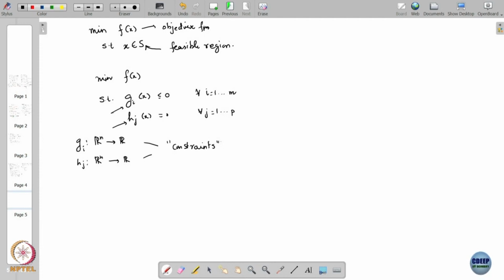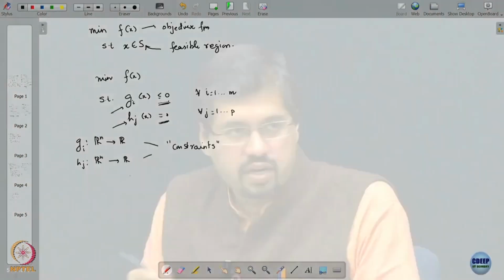Now you can see that I have classified the constraints, written them in a certain specific way, and put them into these two categories. First, I have written out separately the constraints that have a less than or equal to type of requirement, and another type of constraints which have an equal to type requirement. Everything that's a less than or equal to can also be written as a greater than or equal to by just multiplying both sides by -1, so I don't need to separately write a greater than or equal to.